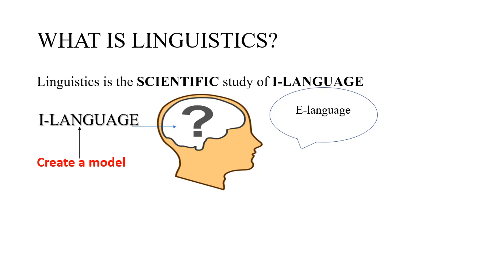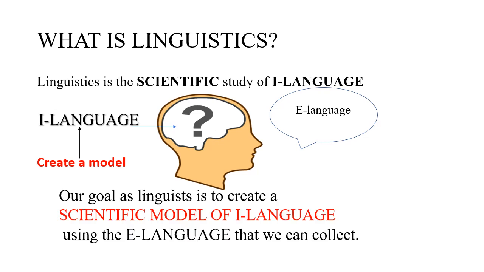We're going to be looking at E-language, in this case English and Vietnamese, and we're going to be creating a system. We're going to create a model for what we think is in our mind. Of course, this model can be right or it could be wrong. That is science. So our goal as linguists is to create a scientific model of I-language, and we use the E-language to create that model. Now, the E-language we can collect, we can record, we can write down, and so on.